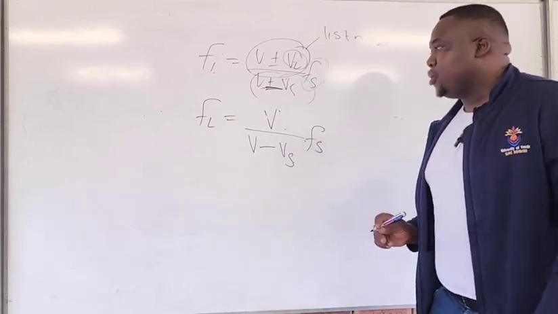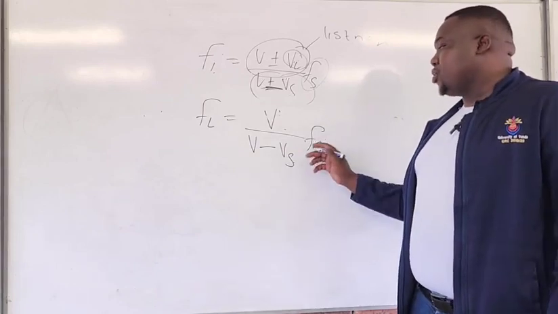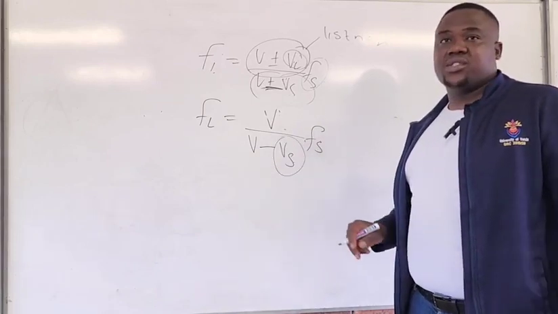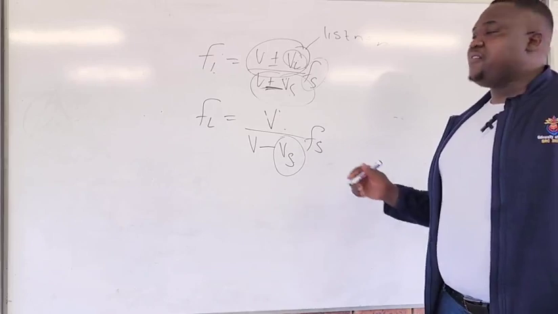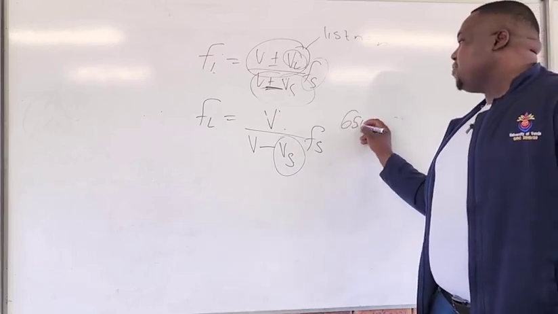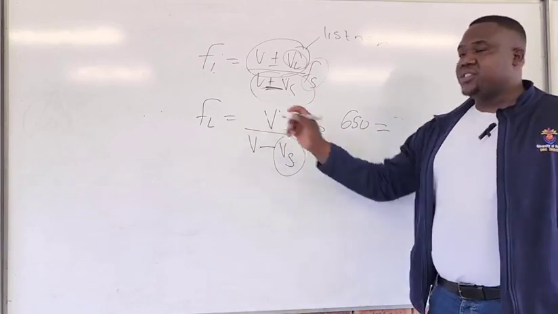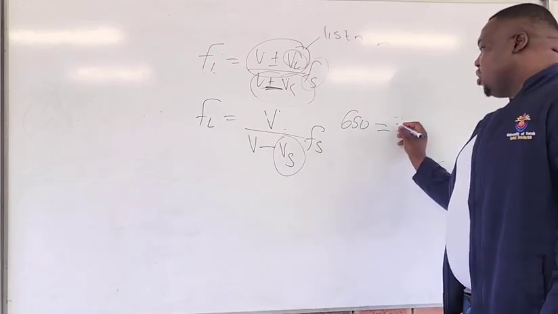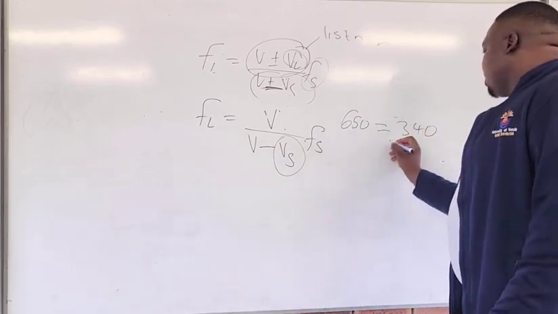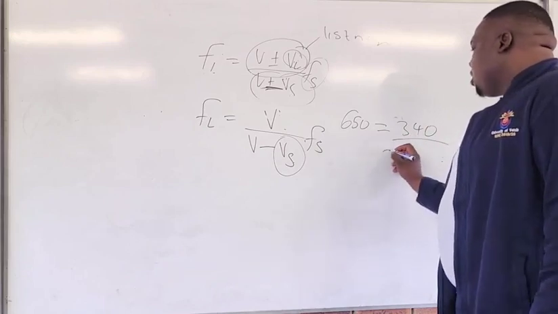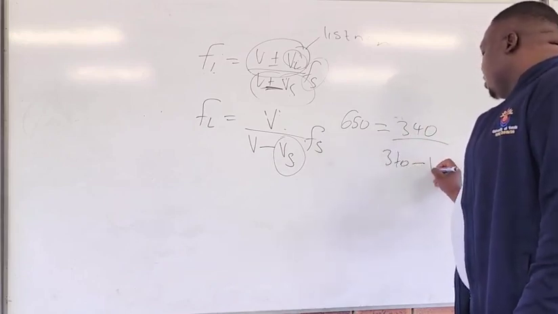For example, if they want you to calculate the speed of the source, and they are giving you 650 as the frequency perceived by the listener, that's what you're going to write. You're going to substitute everything in the correct place.